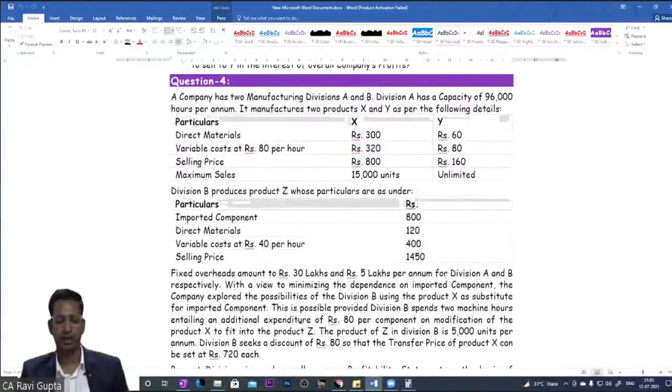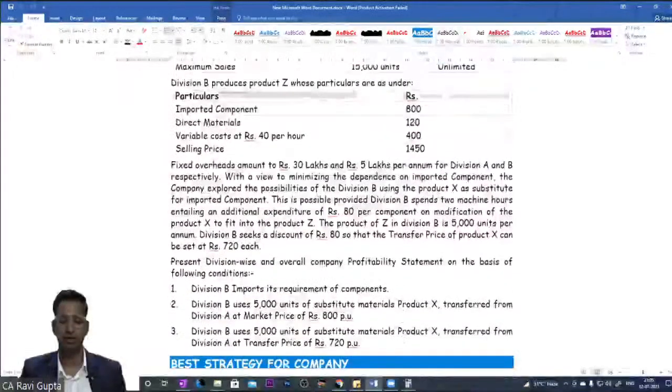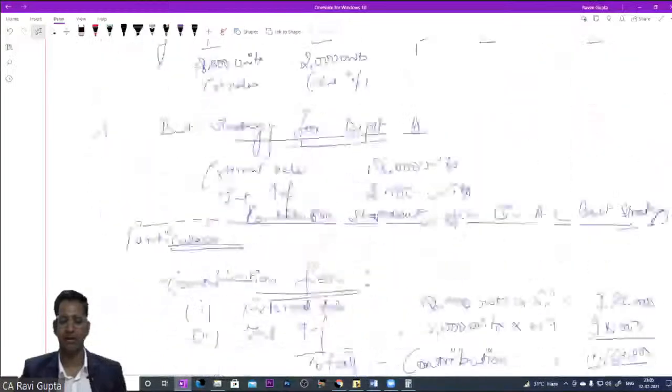Also, one question we have done here. See, if the additional expenditure is 80 rupees, in that case, they were procuring the imported component from the outside market at 800 rupees.